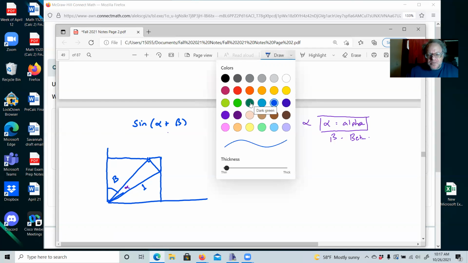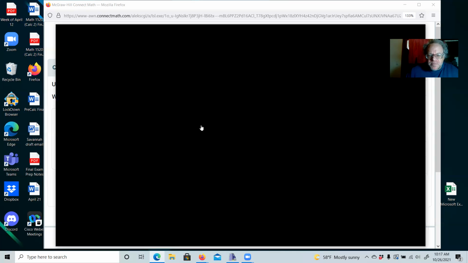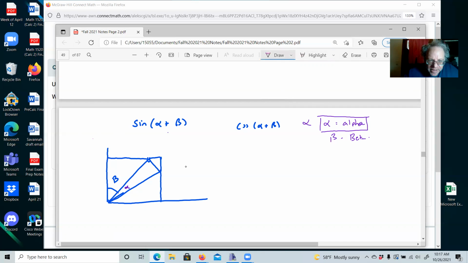So maybe I should do it this way. That pink's good. So I want to erase this. And we'll say this right here is a 1. And we'll just note that that is our right angle here.